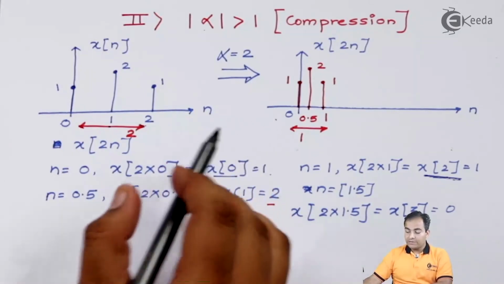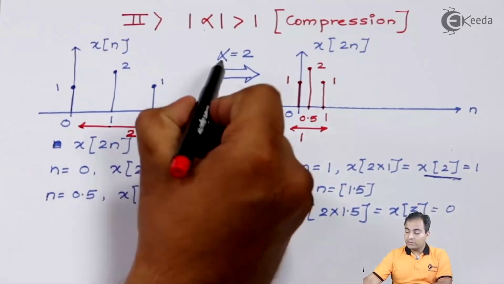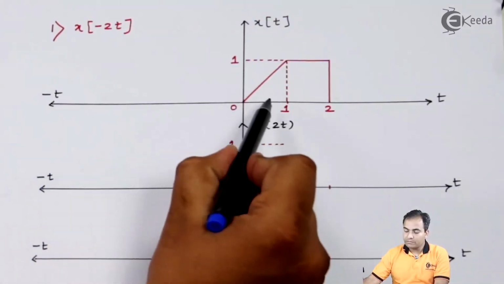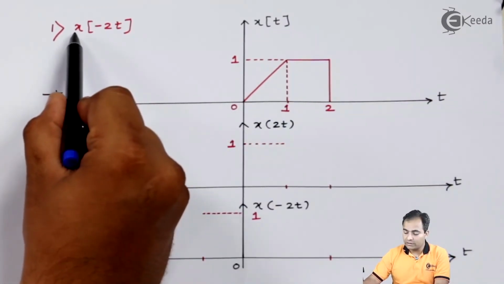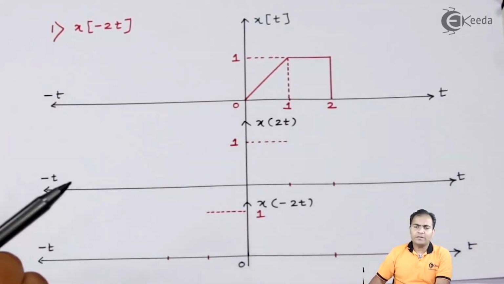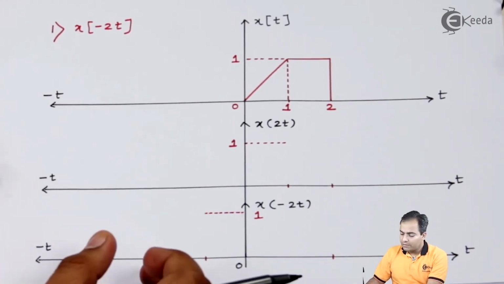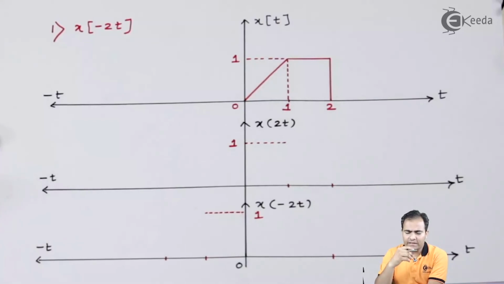So likewise, we can perform the compression and expansion using this alpha value. Now, this was the question. This is the given graph, and the first question is x of minus 2t. X of minus 2t means what? How many operations we have to perform in this question? First of all, as I told you earlier, we always give first priority to the time shifting property.